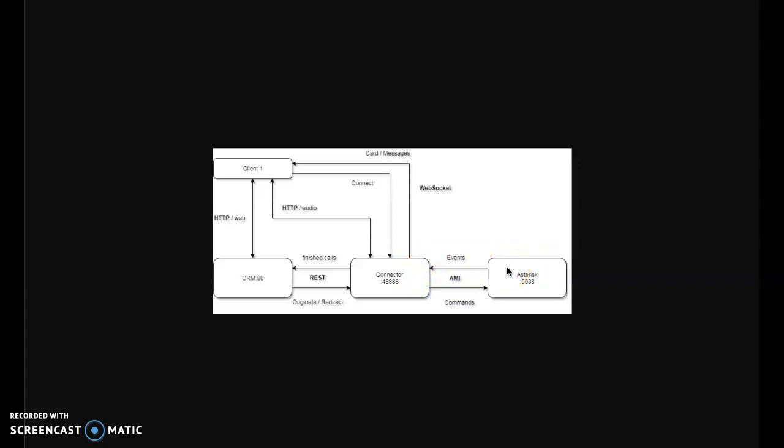There are a few types of events or situations where the connector starts acting. First and simplest, when Asterisk reports about finished calls. When a call is finished, the connector simply puts the information to the CRM with the REST interface, and we have a new record in the PBX module.